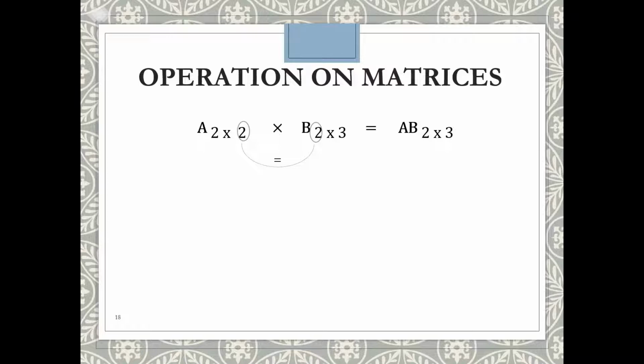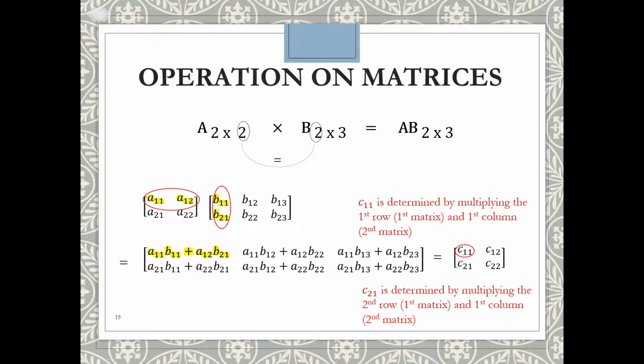For example, when matrix A with the size of 2 by 2 is multiplied with matrix B with the size of 2 by 3, the size of product AB is given by 2 by 3. 2 by 3 here means the product consists of 2 rows and 3 columns with 6 elements inside.